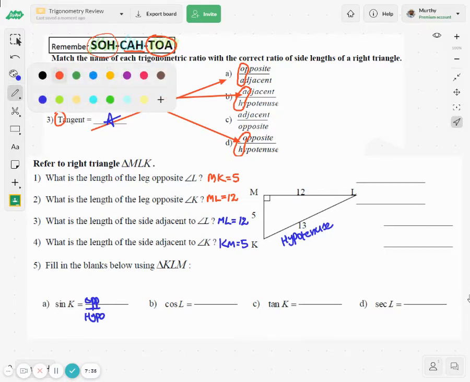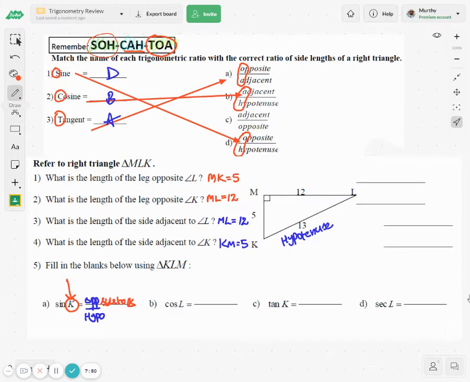I know that many teachers prefer to write this way, but I personally prefer that you write the opposite side to whatever letter is given. So opposite side to angle K. Here is K, and you can see that this is the opposite side to angle K, which is ML.